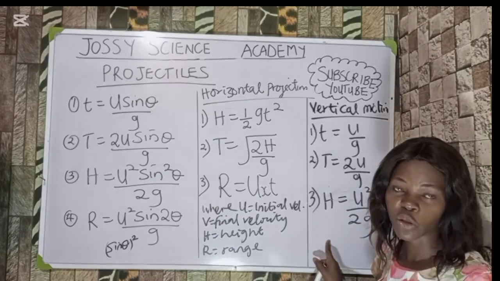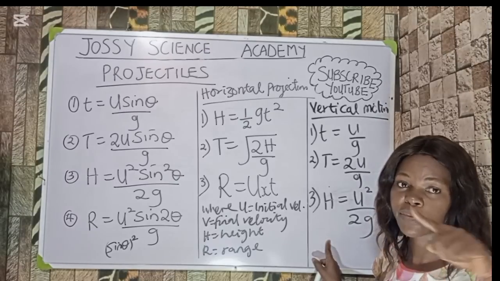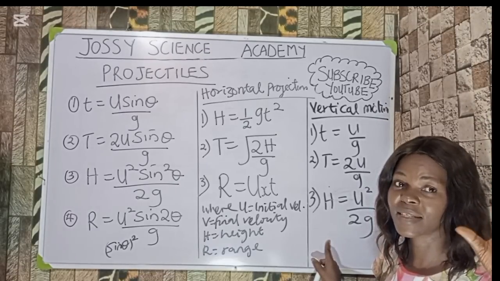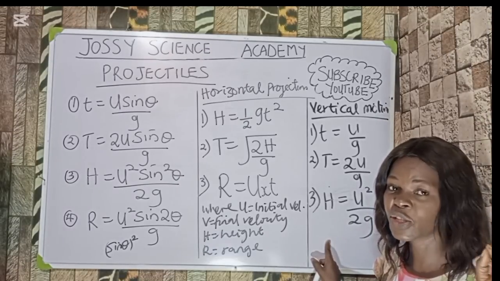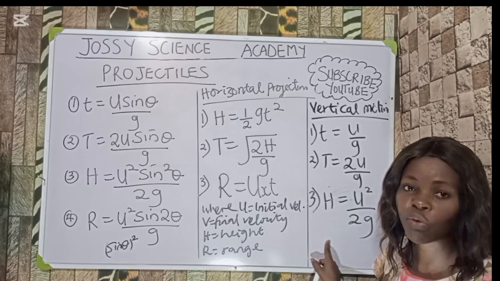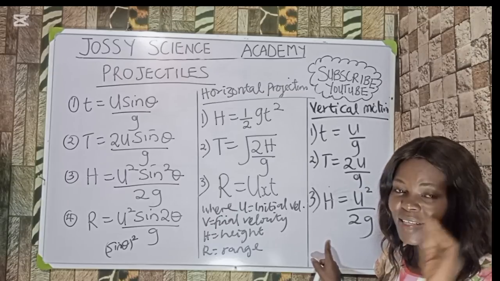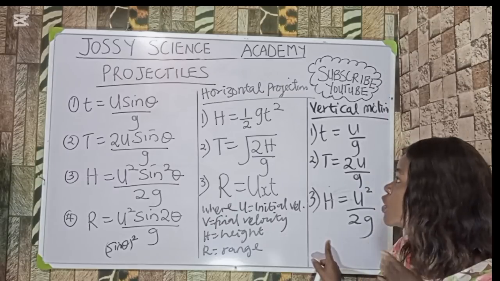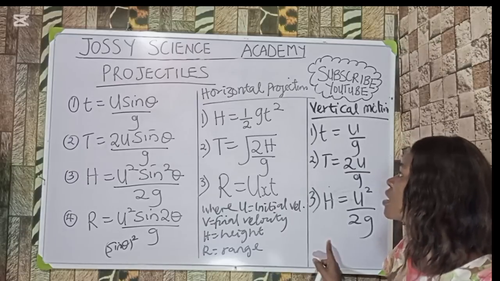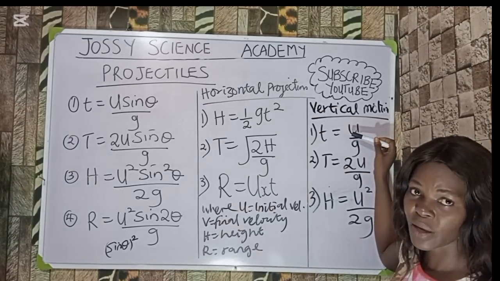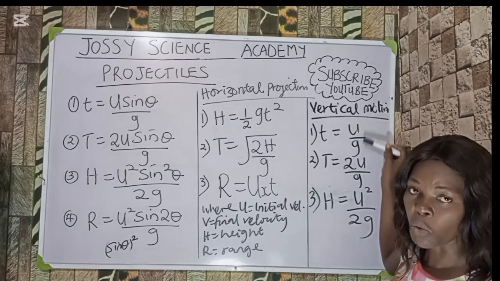Then under vertical motion, you should note that if an object is projected vertically, it is moving against the force of gravity, or you can say in a nutshell that the angle of projection is equal to 90 degrees and sine 90 is equal to 1. So we're going to have t, the time to reach the maximum height, equal to u over g.